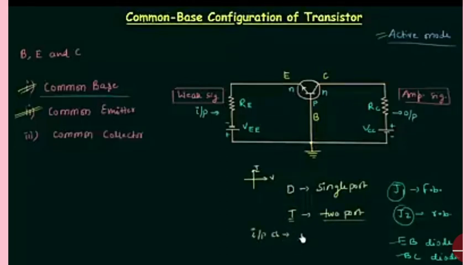In case of input characteristic, we have a plot between the input current, which in this circuit is the emitter current IE, and the input voltage VBE. In case of output characteristic, we have a plot between the output current IC and the output voltage VCB.